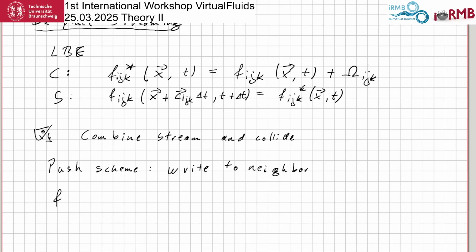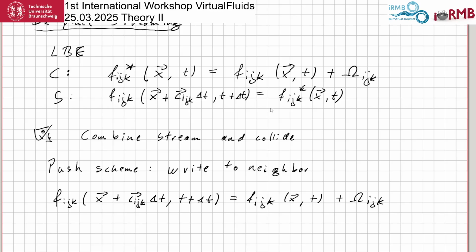We can implement this like this: F_ijk at x plus C_ijk times delta t and t plus delta t is equal to F_ijk at the position x and t plus the collision operator in the same location.